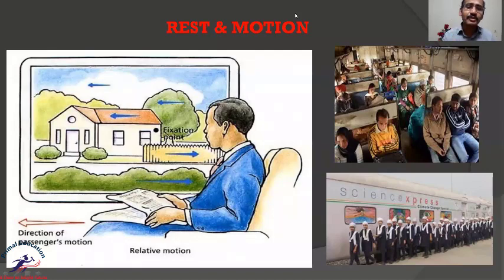Now, what is relative motion? Once you can see, a person is sitting inside a chair car in a train. The train is going in the forward direction. The passenger is also going in the forward direction. Next to the train, there are the railway station, track, and other passengers who are all standing on the railway station. They seem to be going in the backward direction.